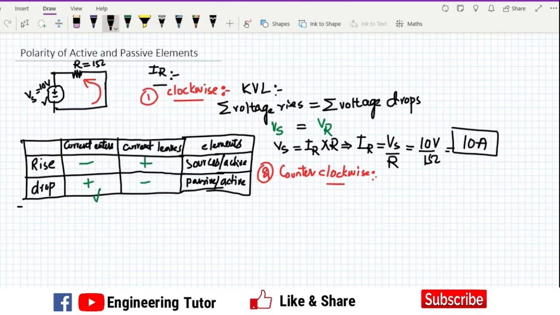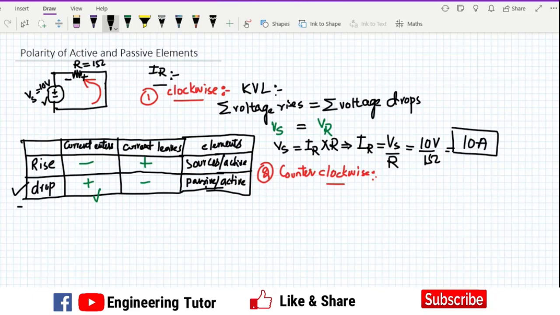So again, now here we can see the values. Again, this is the passive element, and I have told you that by changing the direction of the current, the theoretical polarity of our resistor will also change, because the resistor is a passive element, and across a passive element we always have the voltage drop, which we have shown in this table. So for the passive elements, the current always enters positive and leaves negative.